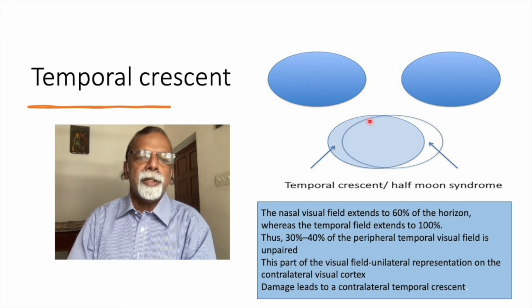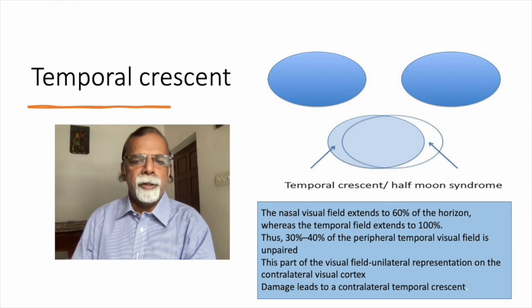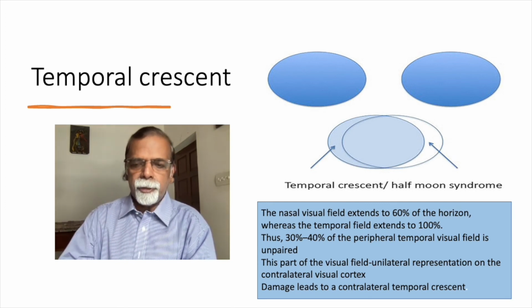So rarely a lesion in the occipital lobe situated anteriorly can affect this part of the cortex. That is, the representation of this area only can be lost, and you can get a unilateral temporal crescent area visual loss. It's a very rare thing. Just for the completion's sake, I have mentioned this.